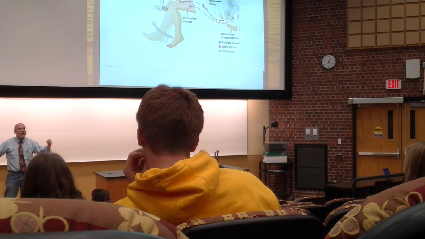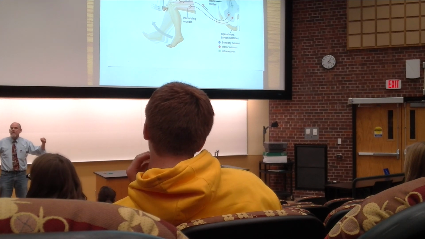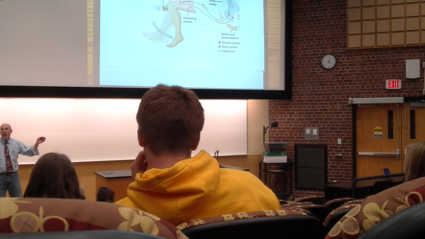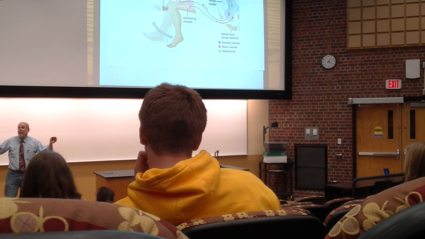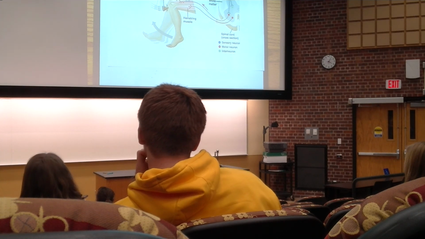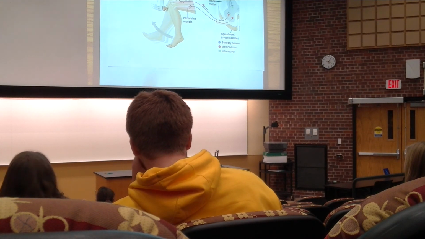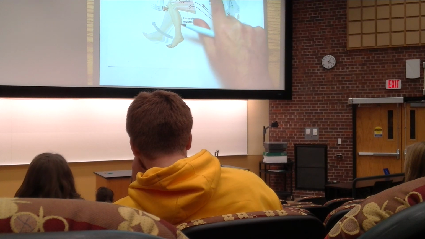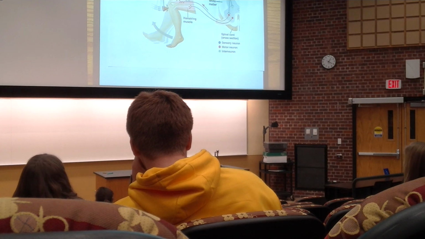How you are sitting, where your body is in space. You all should be right now. Okay? That is created from information like this neuron is providing. This neuron is providing information about what's happening to the muscles. Are they stretched? Are they relaxed?